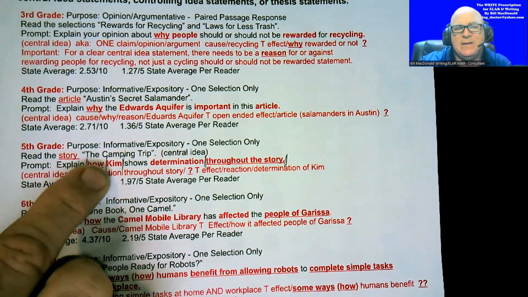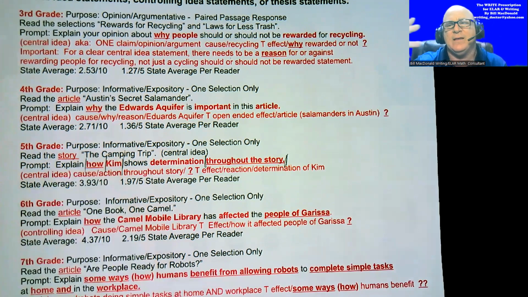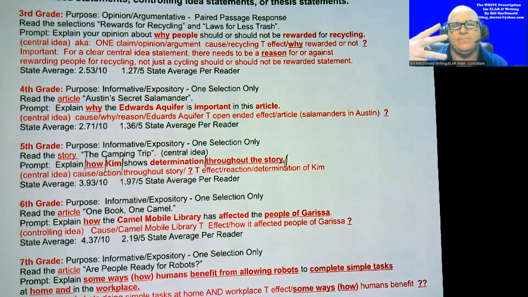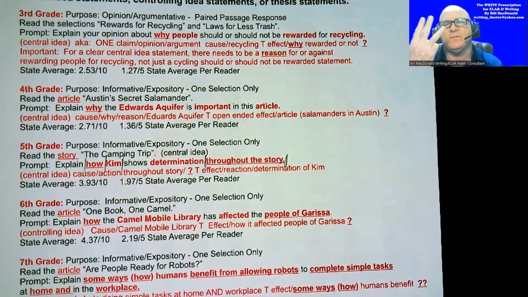How is the idea that the students will come up with based on evidence. The idea based on evidence, and then some sort of closing that ties everything together.